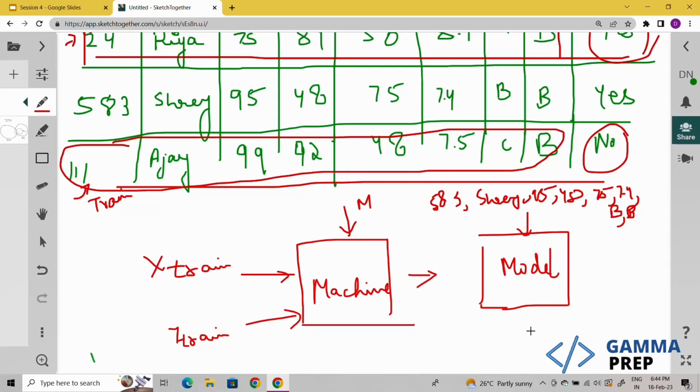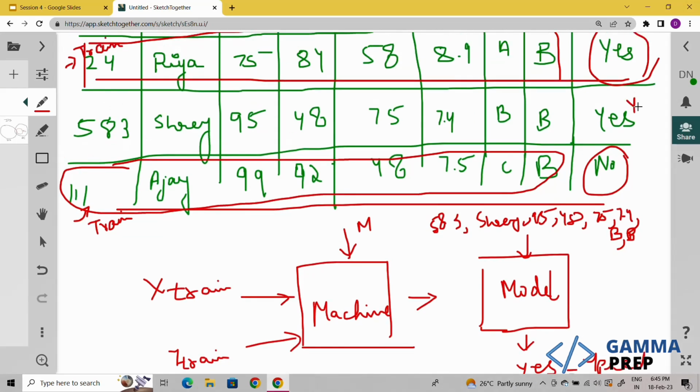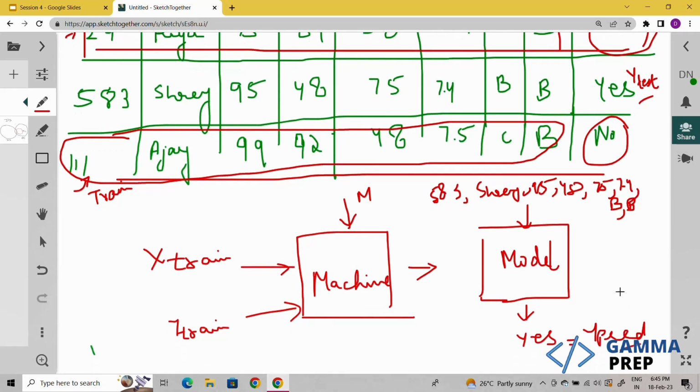Tell me whether the student with these details will be placed or not. And let's say your model gives a yes. Now this is your Y prediction. This is your Y test, right? Now you have to compare. Is your Y pred and Y test the same? Yes, it is the same. So our model is probably doing the right thing for us. But if they are different, then our model is not doing the right thing.